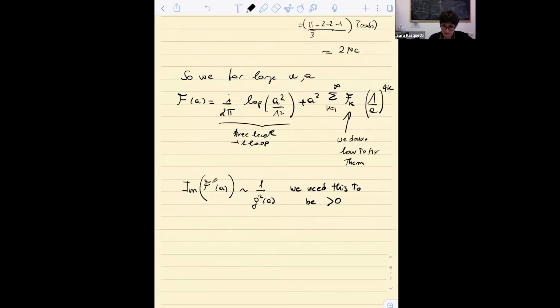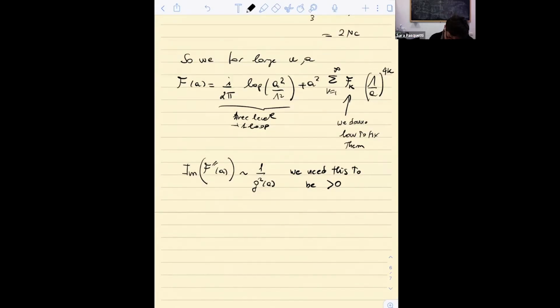But clearly, this imaginary part will contain something like the log of A over lambda, and this can be negative. So it's not clear, right, how we can satisfy the condition that the coupling is positive.